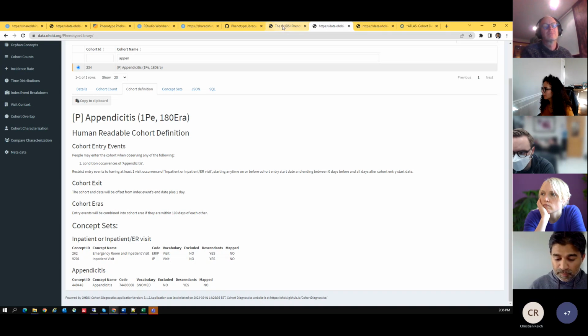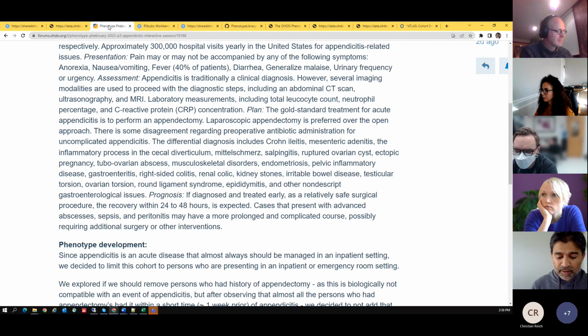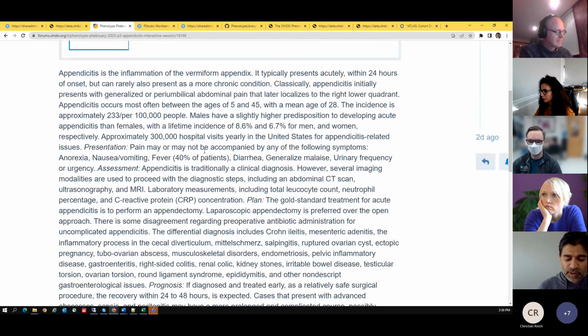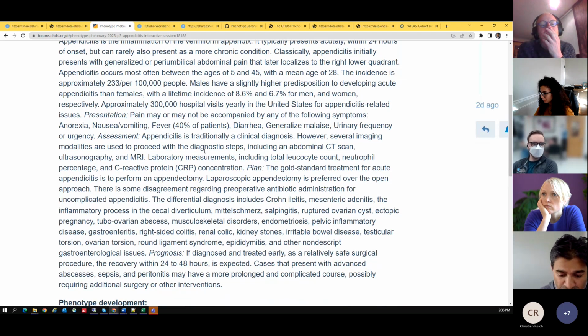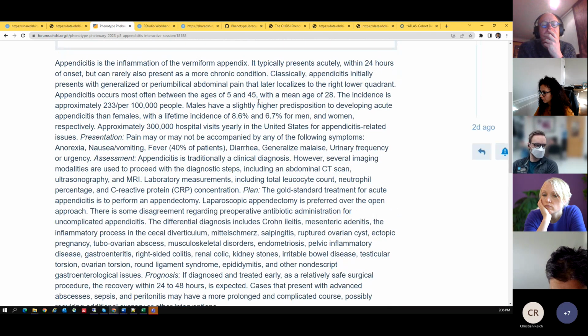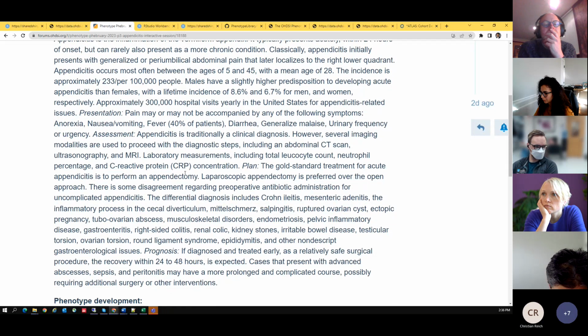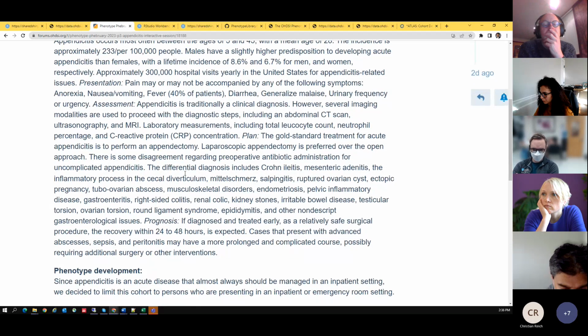So, yeah, that's absolutely correct. This is the dilemma that I went through. One of the assertions made in the clinical description was the treatment, and I described that in my initial presentation. It's almost exclusively managed in the inpatient setting is a word choice that I used when I described it.